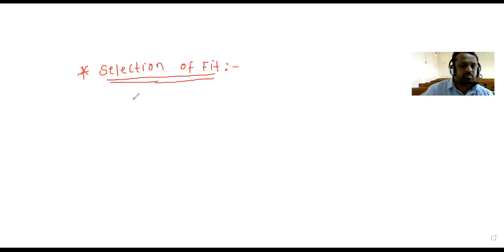Suppose 20H7/g6. Here 20 indicates the basic size. The 20 is nothing but our basic size. Then H is nothing but the hole deviation.